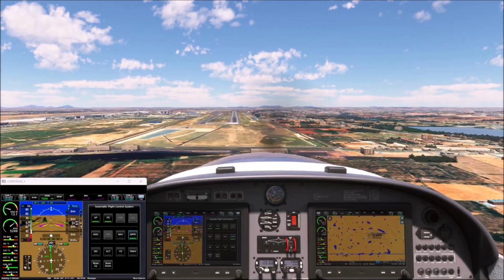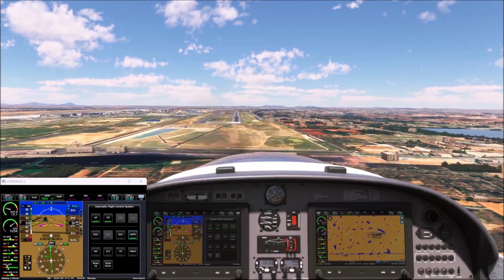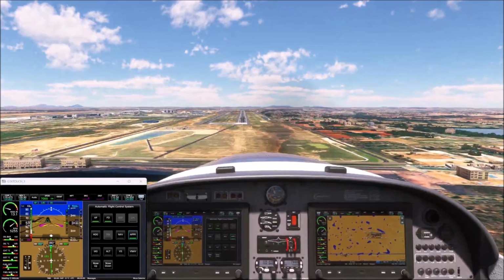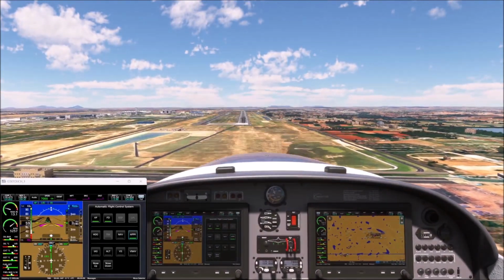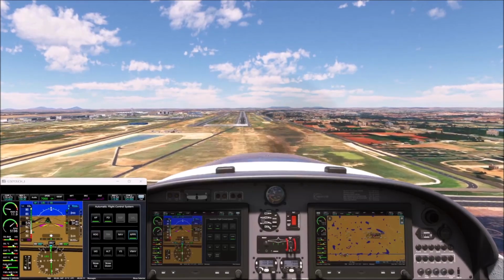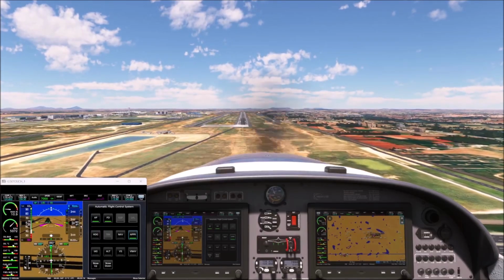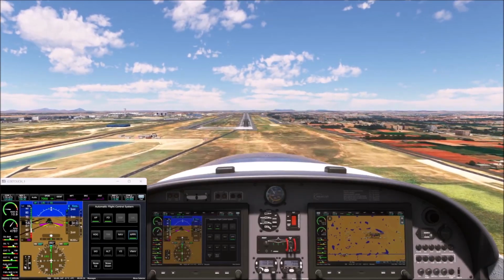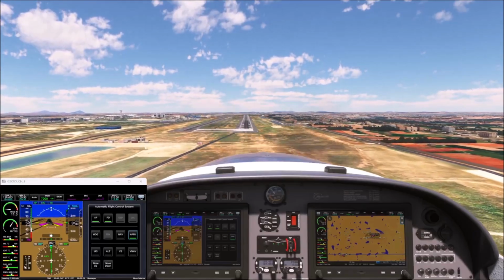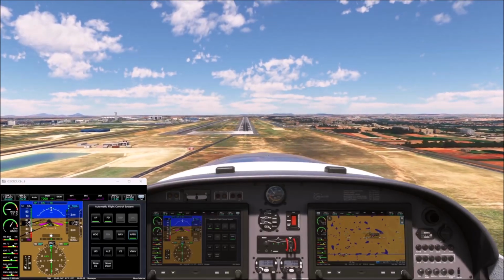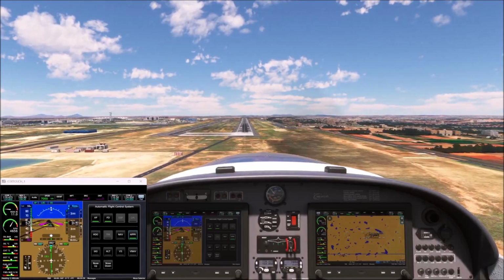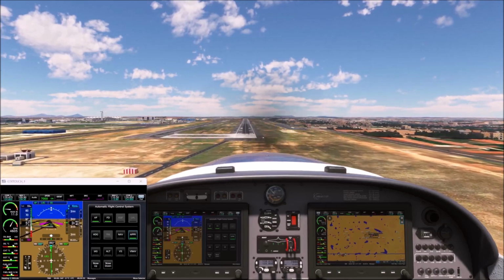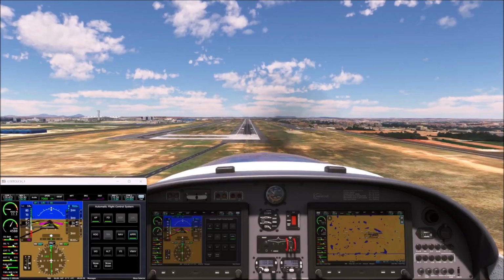Still on autopilot. Yes, there is some tailwind, I see. Ground speed is 67. You see, we are still on autopilot. Knots is our ground speed.